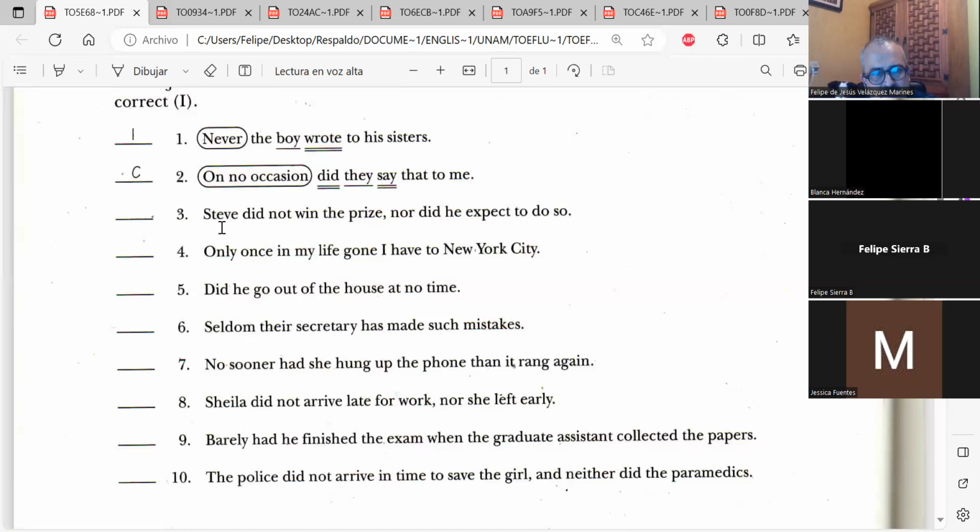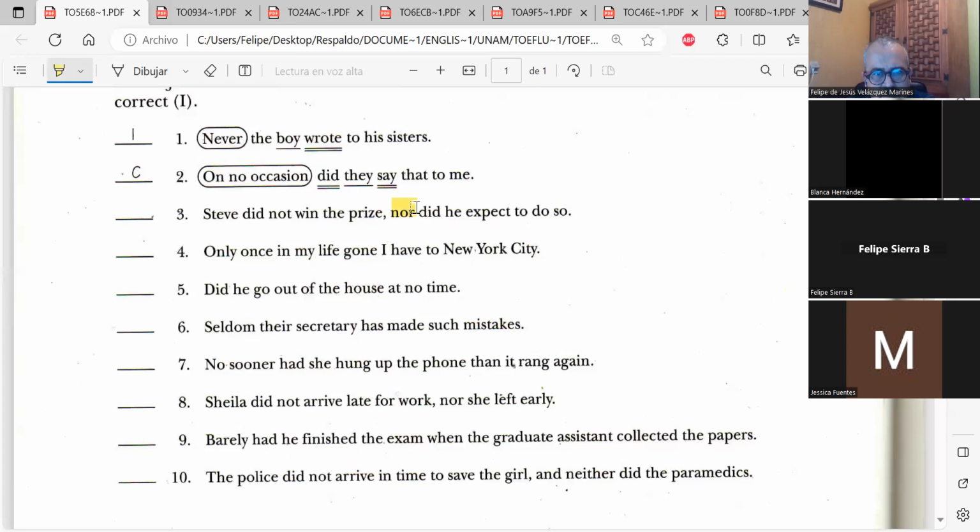Okay, number 3, Blanca. Tell me if this is correct or not. Steve did not win the prize, nor did he expect to do so. It's correct. If you notice, the negative is here.